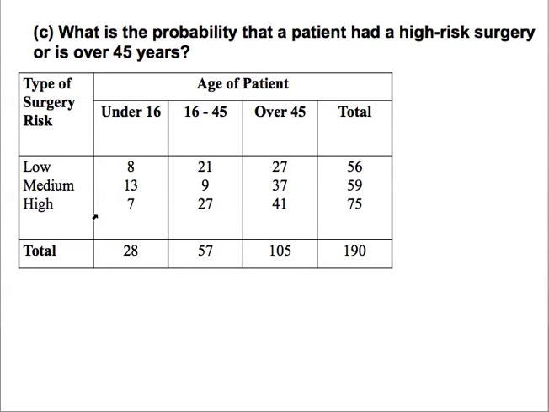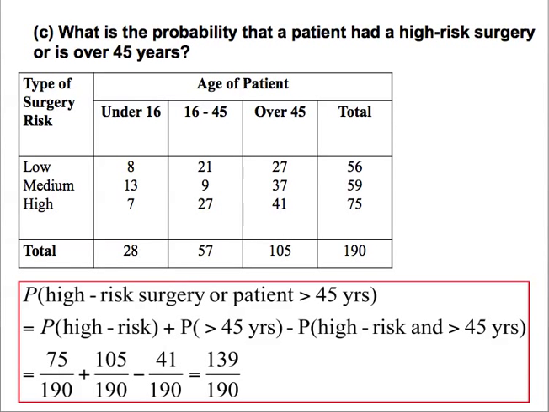Okay? From the table, we can see that 75 patients had a high risk surgery, so that will give us 75 over 190. Probability that the patient is over 45 years is 105 over 190. And the probability that the patient had a high risk surgery and is over 45 years is 41 over 190. All right, so we can put that in the formula.